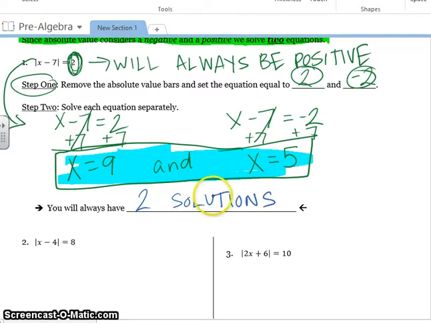There is one exception. If your absolute value expression equals 0, then you'll just have 1, because 0 can't be positive or negative. But if your absolute value equals a value greater than 0, you're always going to have two solutions. This is the most common thing you'll see, two solutions.